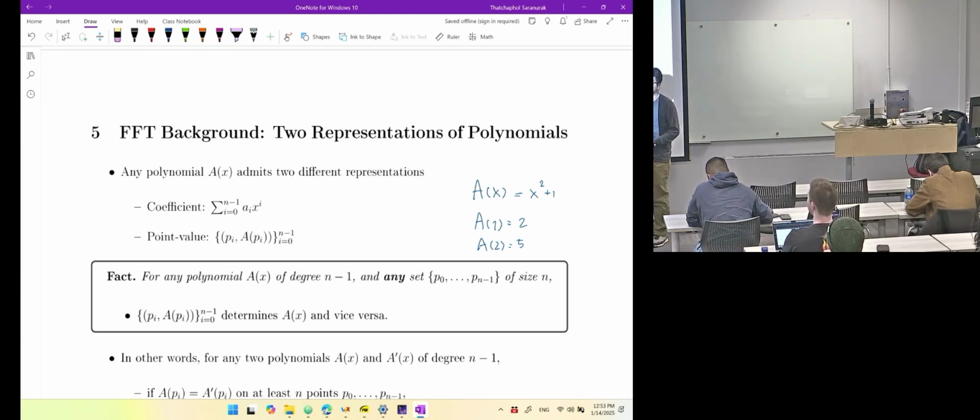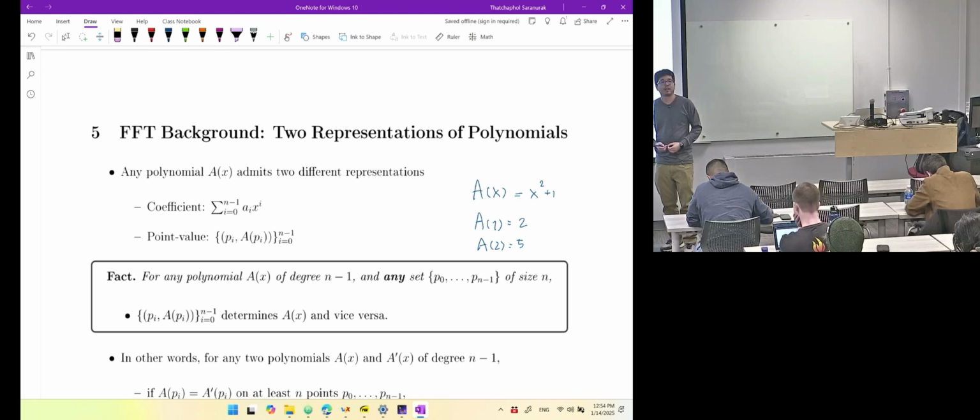This is just to clarify. If you have a polynomial with the highest degree of 7, then you would need a maximum of 7 points to determine the entire polynomial. If you have only 6 points, it's not enough. If you have 7 or 8 or more, it's going to fix that polynomial completely.